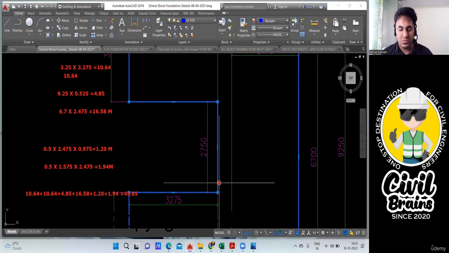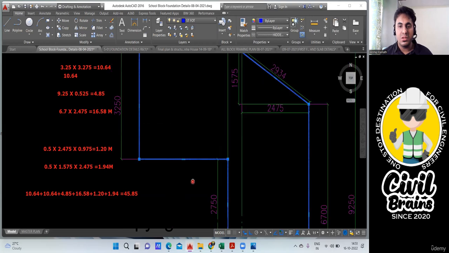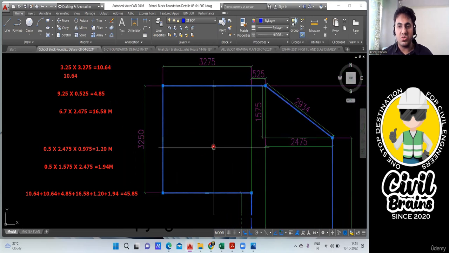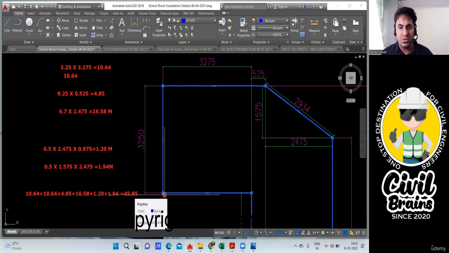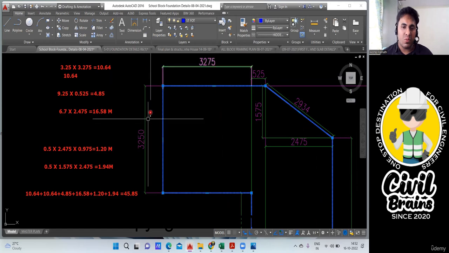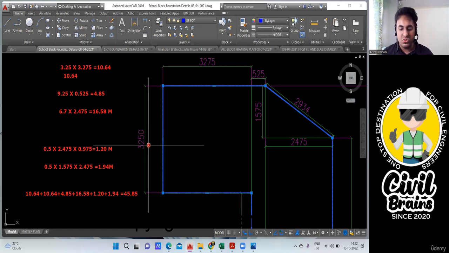Plus this portion. Finally, we have reached now. This portion is 3.275. And finally, the last one, because we started from here, I reached now, and this one I need to add now. It is 3.250. So I'm getting 35.169 in my calculator.